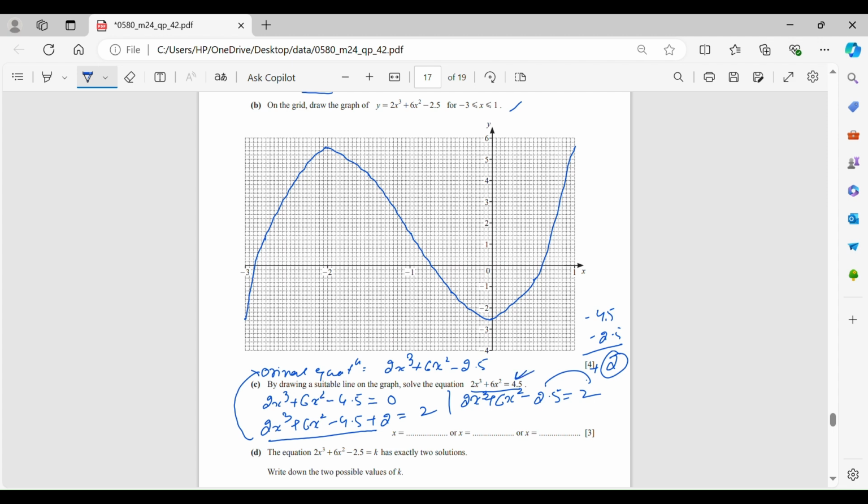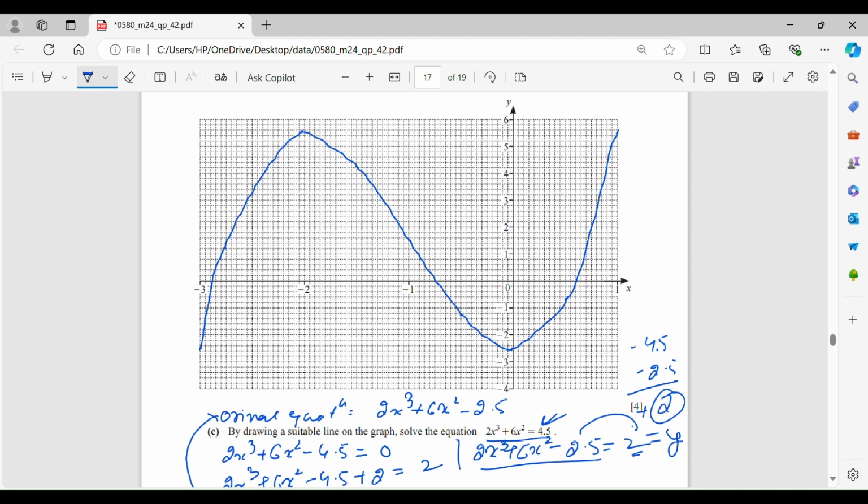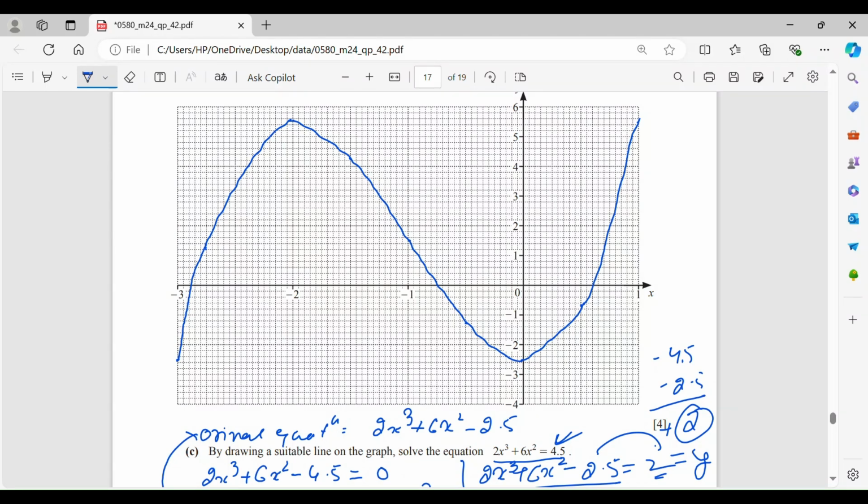So this we have already done. This will be equal to 2. What is this 2? This whole expression is equal to y, right? So y is equal to 2. So we will draw one line, y equal to 2. Let me expand this. Okay, then y equal to 2 is this.